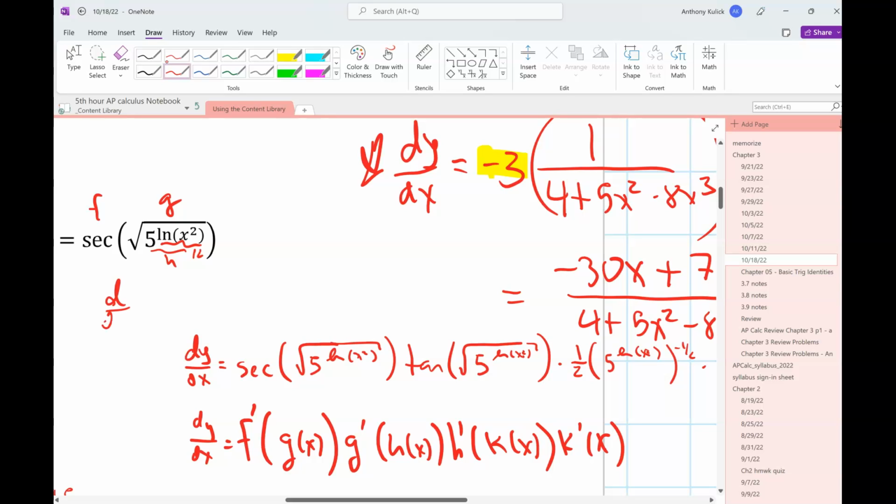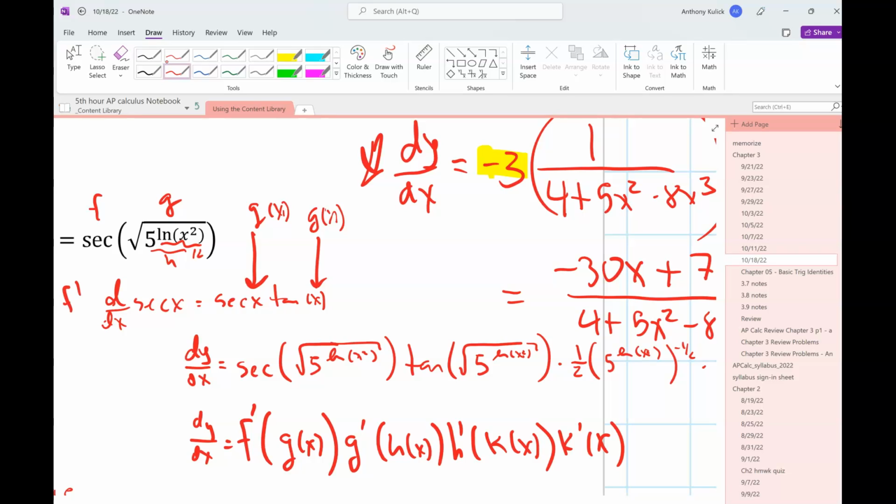So the derivative of secant is secant times tangent, right? So I had to put the g of x into here and into here.